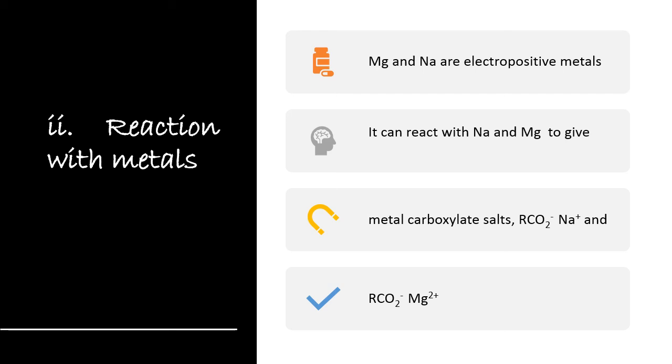Second reaction of carboxylic acid is reaction between carboxylic acid with metal. For example, sodium and magnesium are electropositive metals. It reacts with the metal to give metal carboxylate salt and hydrogen gas released.